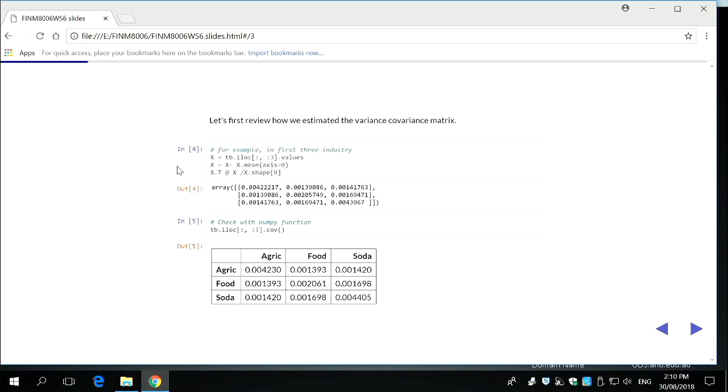So let's say I want to estimate the first three industries, agriculture, food, and soda. I take X to be the values of these three columns.